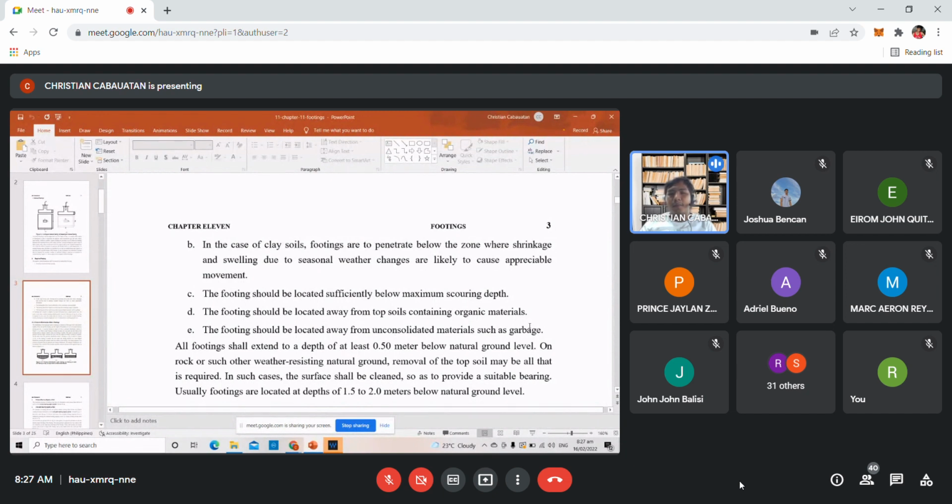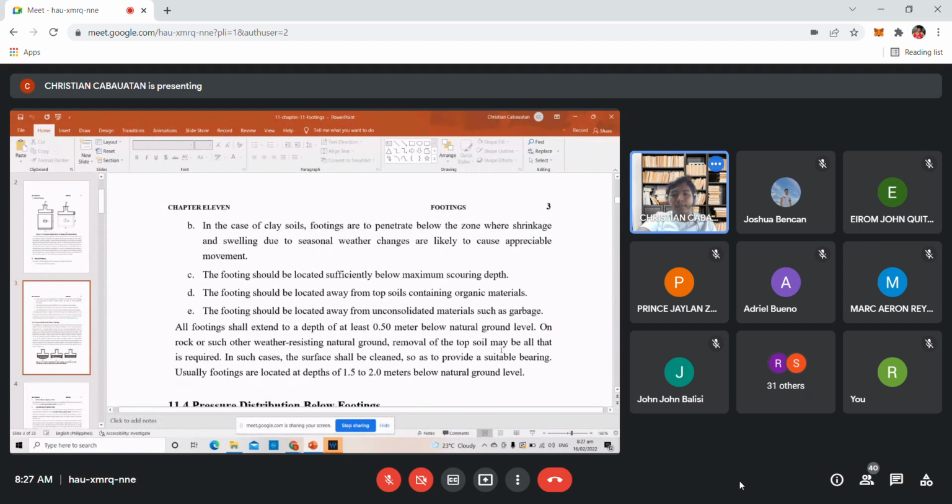Kapag may mga rocks or other resisting natural ground, kung ano yung mga distractions doon sa taas ng inyong soil, it should be clean, kasi makaka-epekto ito sa ating footing, so as to provide a suitable bearing. Usually, footings are located at a depth of 1.5 to 2 meters below our natural ground level.